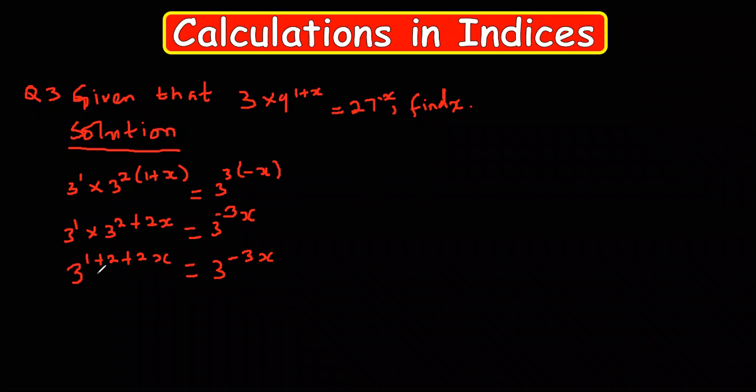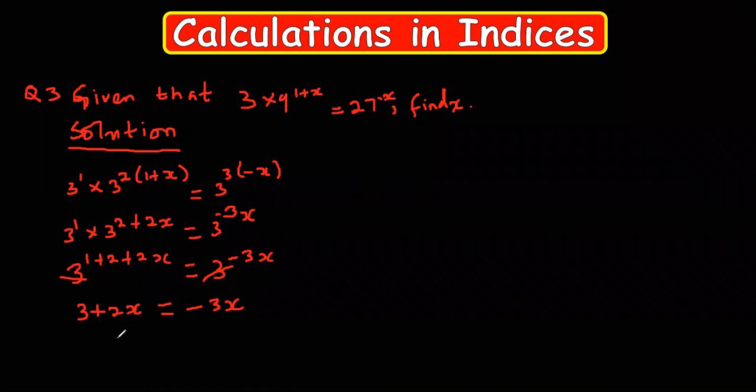So here we should have 1 plus 2, so we have 3. So we have 3 plus 2x equal to minus 3x. So this 3 cancel each other.